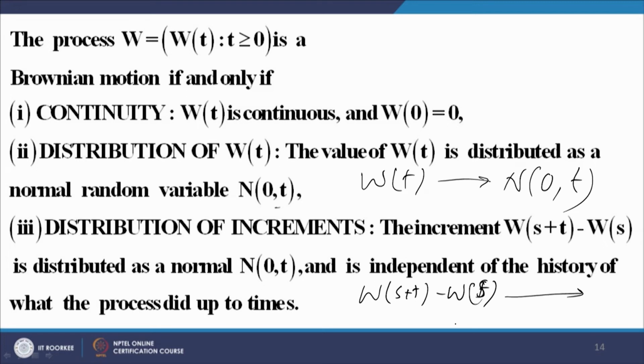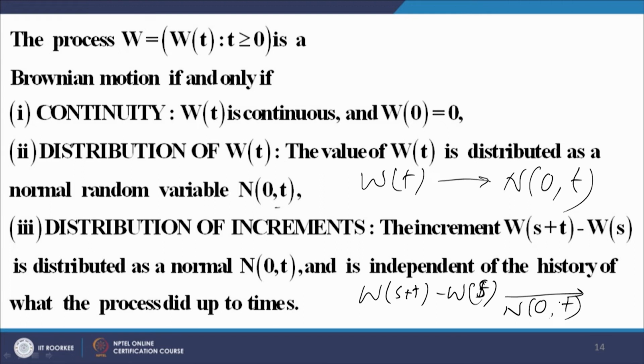The distribution has a mean of 0 and a variance equal to the difference of the two variances, which is t plus s minus s, which is t. So, the increment W s plus t minus W s is distributed normally with a mean of 0 and a variance of small t, and is also independent of the history of the process up to the time s.